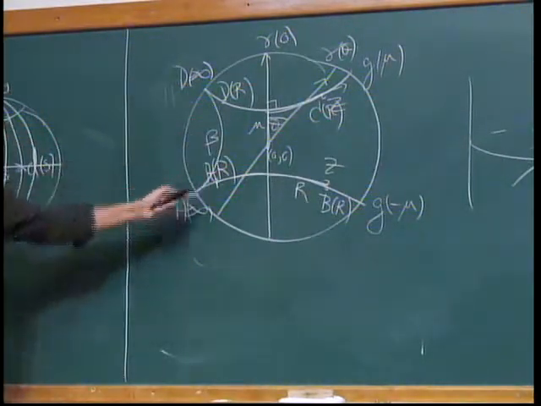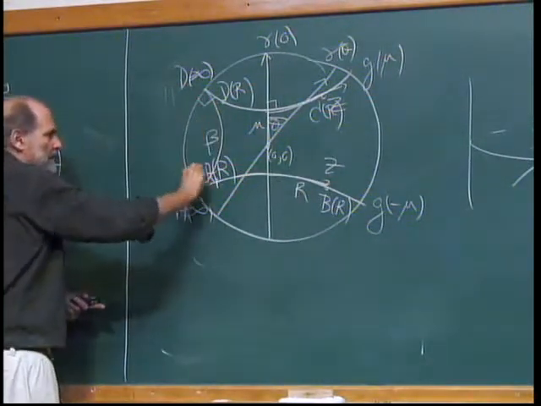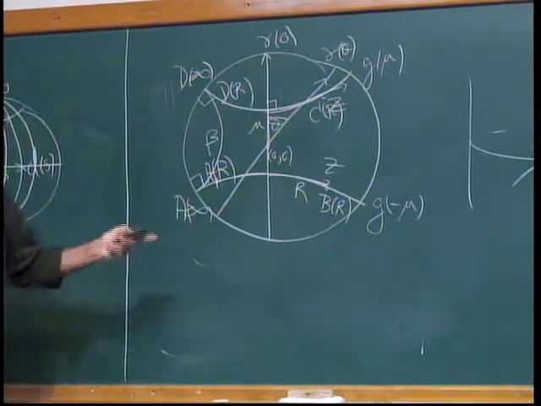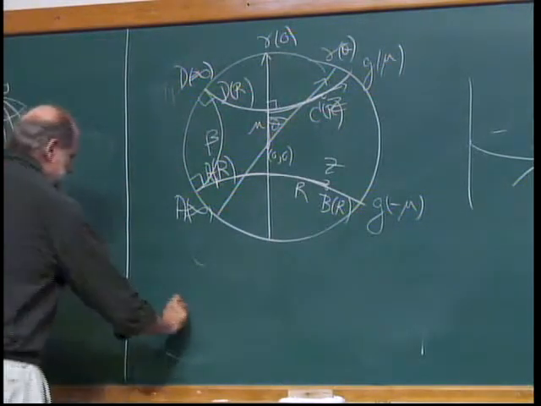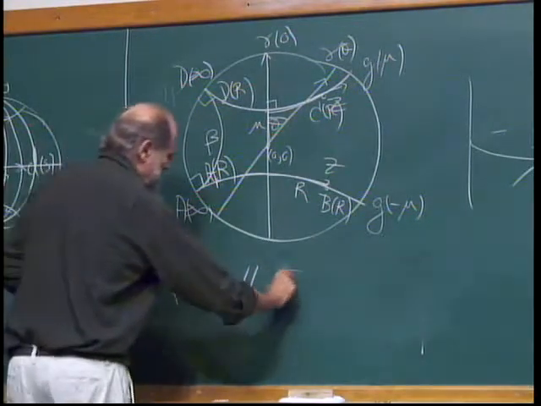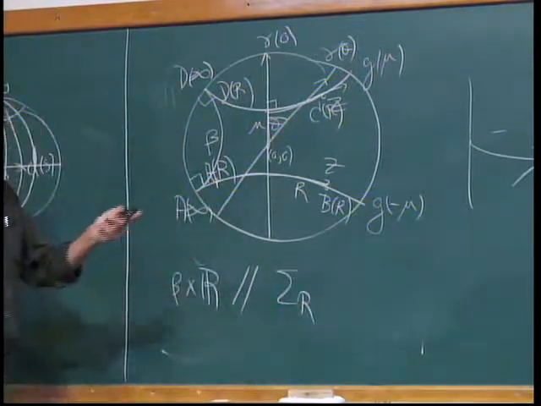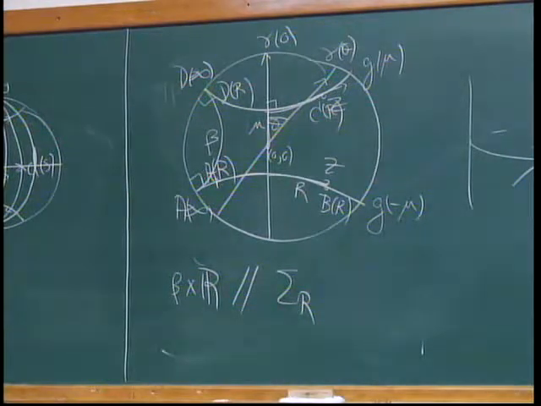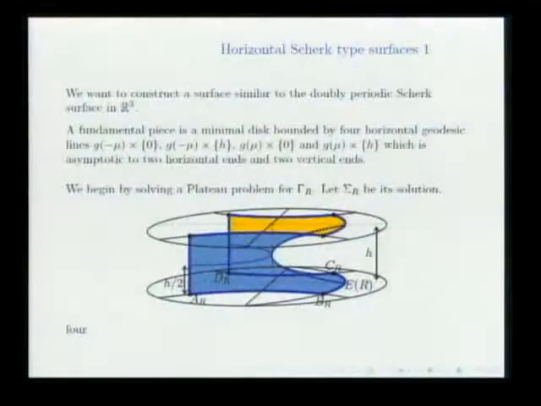That geodesic is orthogonal to the boundary. If you think about it, this geodesic cross R is disjoint from that surface. It's outside of the convex hull of the boundary. So for any R, this geodesic that goes here to there is disjoint from this whole surface.